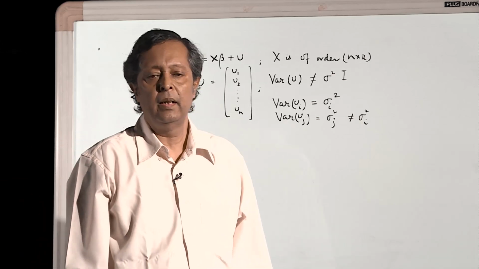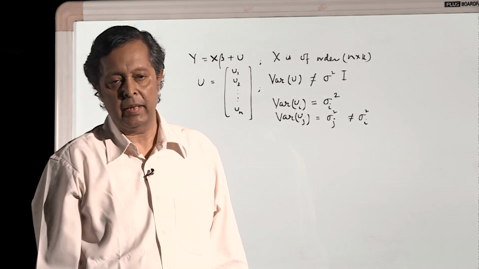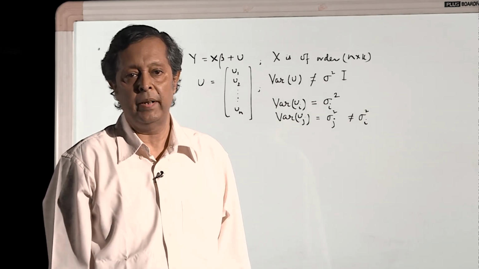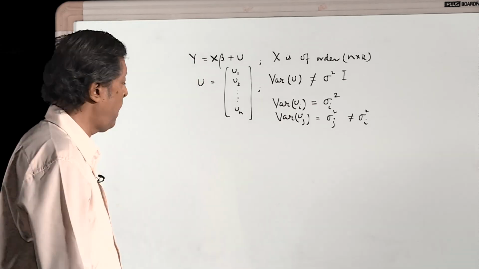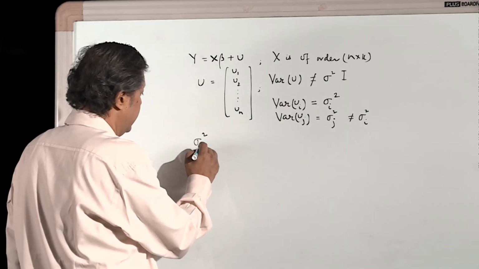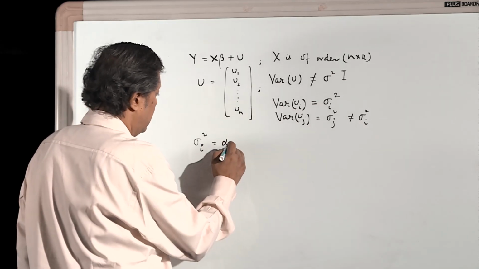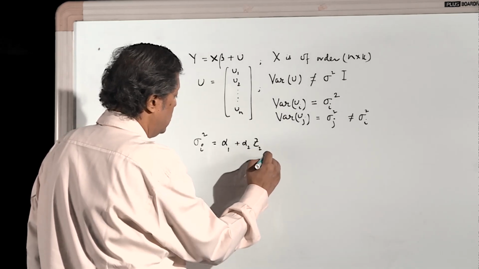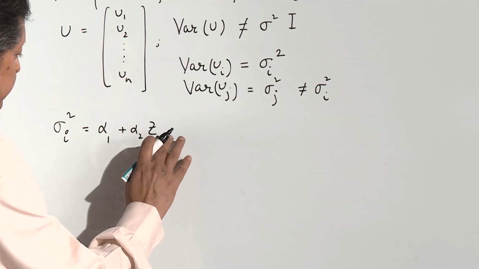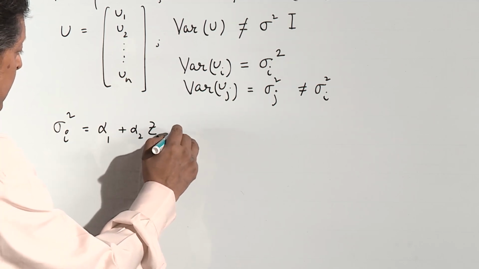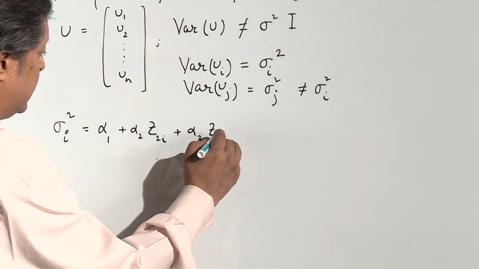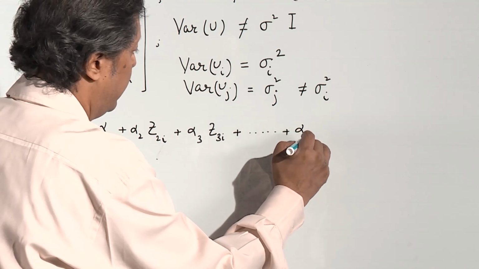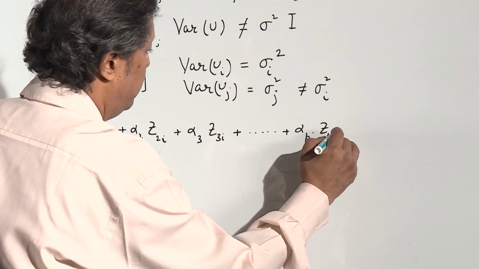Now, in the literature, there are various forms of heteroskedasticity, but the three most widely used forms are as follows. Form A: sigma i square is alpha 1 plus alpha 2 Z2i plus alpha 3 Z3i plus up to alpha p Zpi.